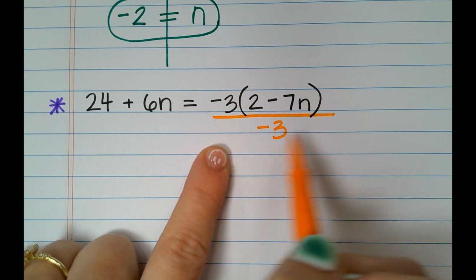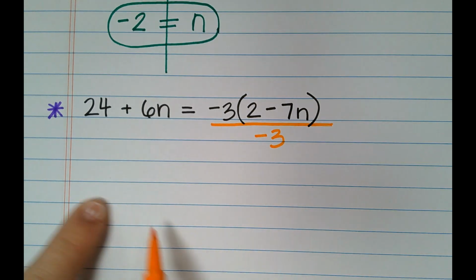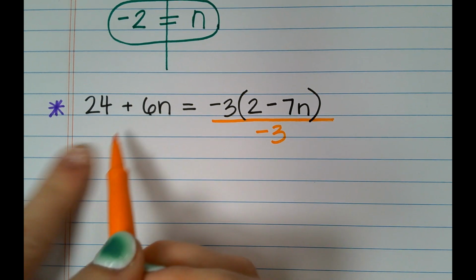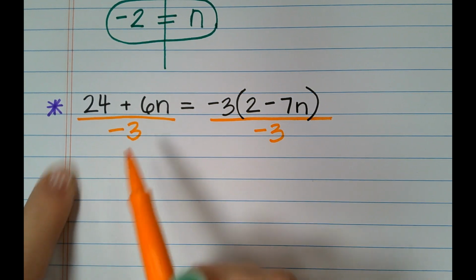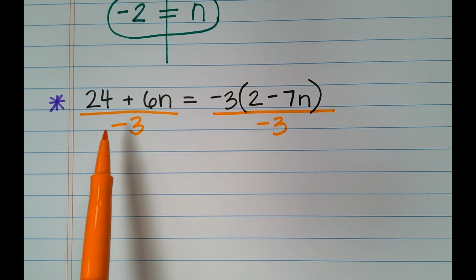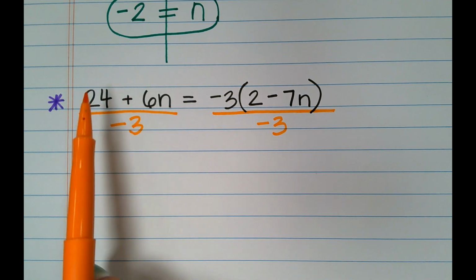And if I divide everything by negative 3 on this side, I'm going to divide not just 24, not just 6n, we're dividing all of it by negative 3. Now, this is where it can be a little bit tricky because we haven't done a problem where we've divided 2 things at once.